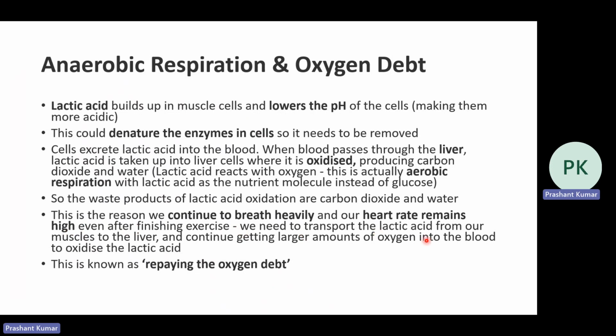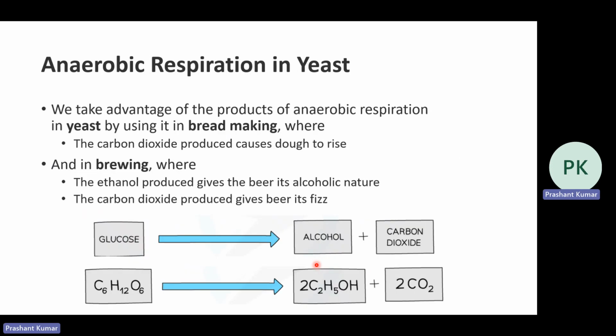We need to transport the lactic acid from our muscles to the liver and continue getting a larger amount of oxygen into the blood to oxidize the lactic acid. We call this repaying the oxygen debt, because you have used it in the physical activity and now it's time to repay it.